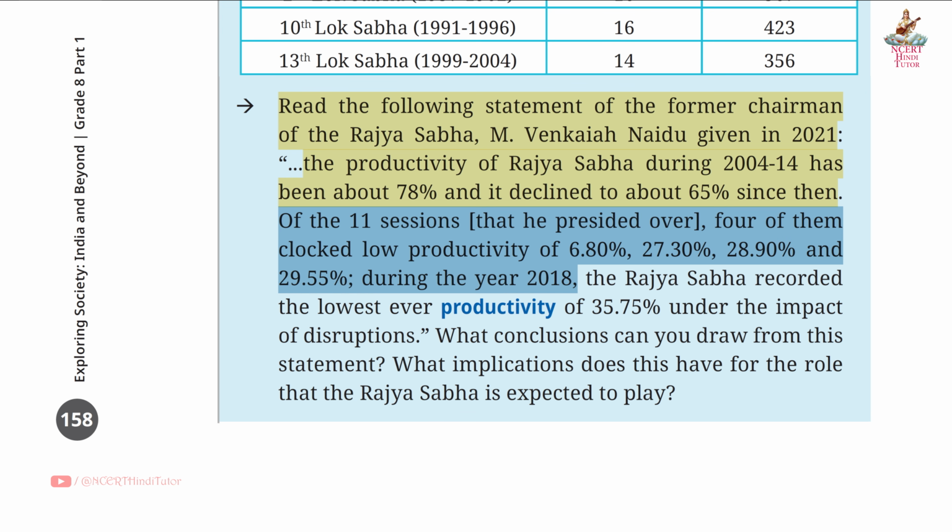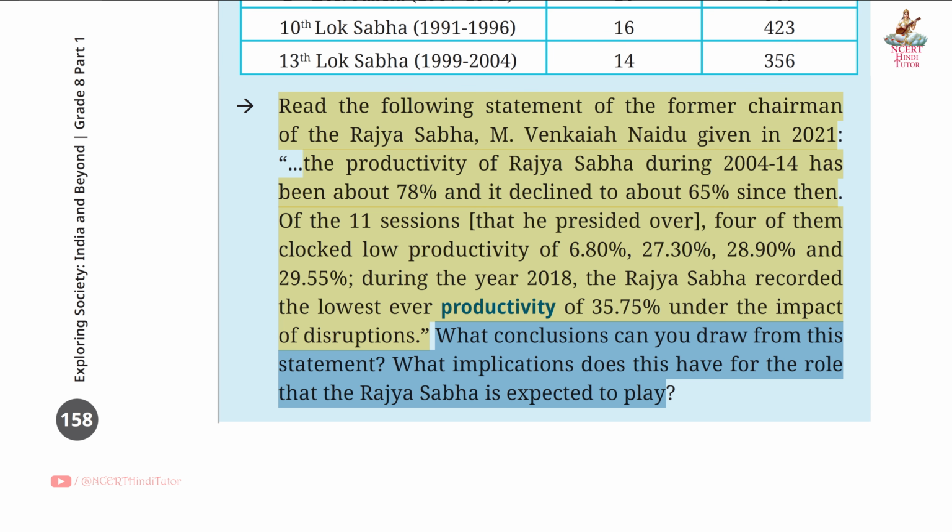During the year 2018, the Rajya Sabha recorded the lowest ever productivity of 35.75% under the impact of disruptions. What conclusions can you draw from this statement? What implications does this have for the role that the Rajya Sabha is expected to play?